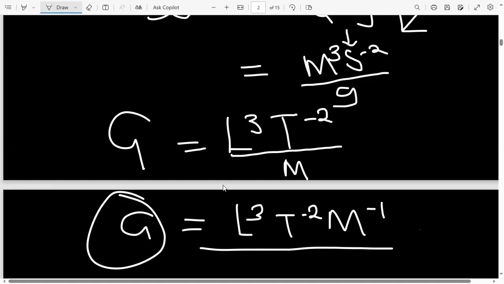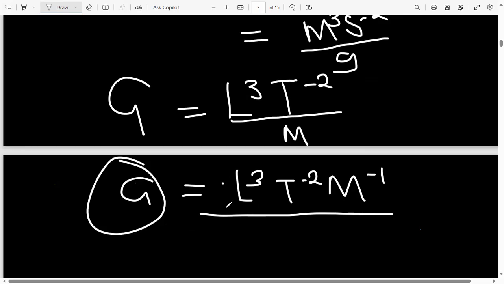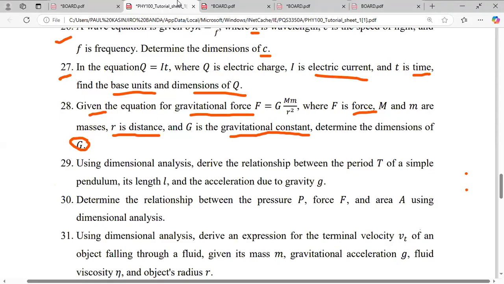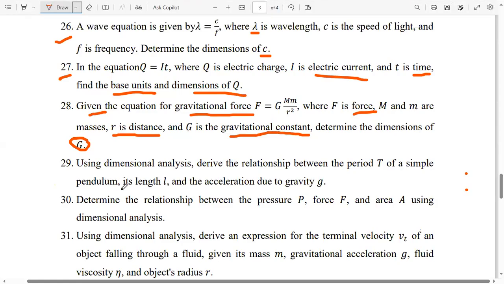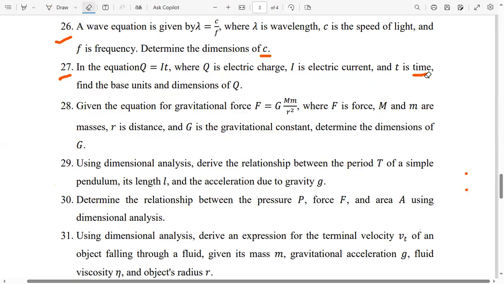Okay, and then let us look at something different, because here we're just finding the dimensions, but we can also use dimensional analysis to derive relationships between different quantities. That's what we are going to do on question 29 there. So question 29, we want to derive the relationship between different quantities.